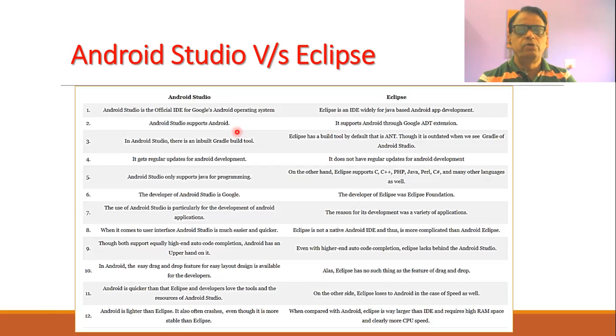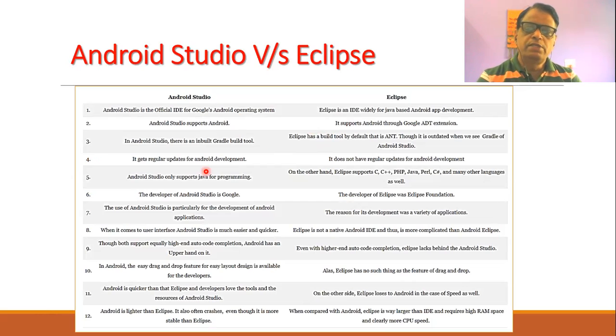Android Studio supports Android directly, and Eclipse supports Android through the Google ADT plugin or extension. In Android Studio, there is the built-in Gradle build tool, with the help of which we can build our applications. Eclipse has a default build tool, and that is ANT.